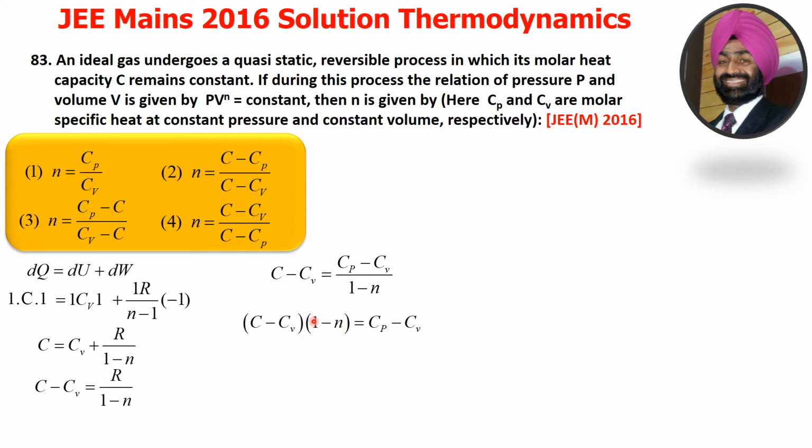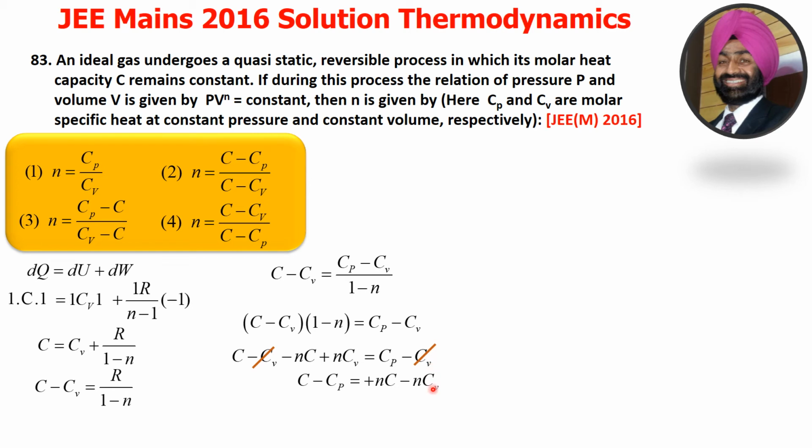First of all, 1 into this whole term is equal to C minus Cv. Then minus N into this term would be equal to minus NC, and minus into minus plus N into Cv. Right hand side Cp minus Cv. Further, Cv would cancel, both are minus Cv, and you are left with C. Take this Cp to the left hand side, minus N to the right hand side, plus NC, and this one would become minus NCv.